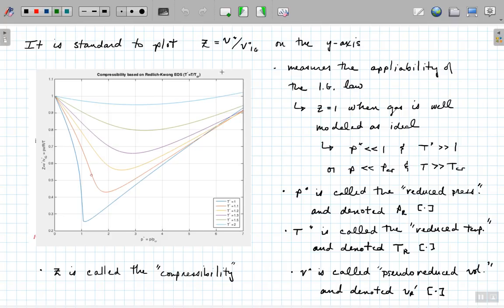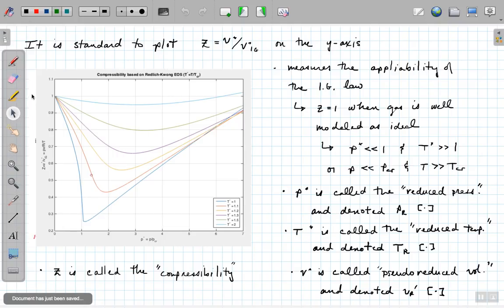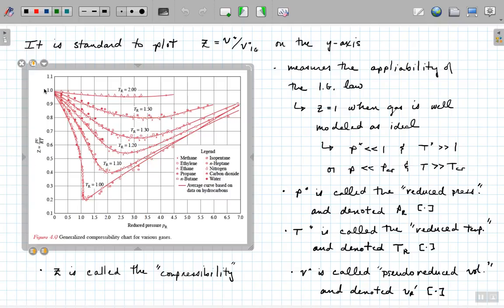So what's really great is that if we were to look at data on this, this is a chart out of our book Thermal Analysis, and what you can see here is a bunch of data plotted for different substances, and the data really fits onto these curves.